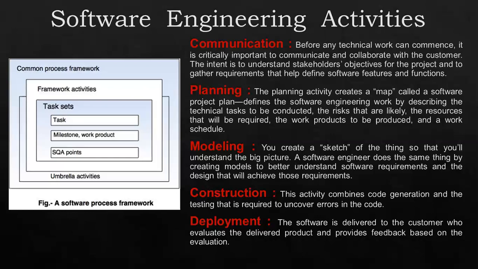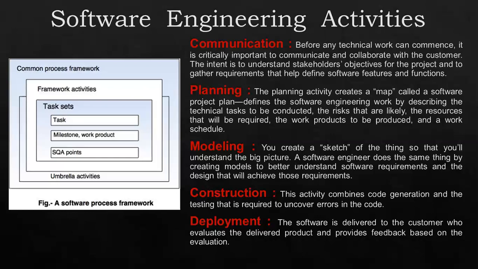So these 5 generic framework activities can be used during the development of small simple programs, in the creation of large web applications, and for engineering large complex computer-based systems.